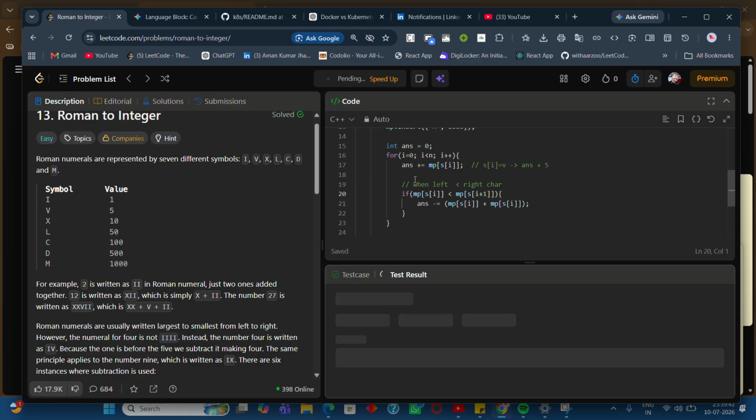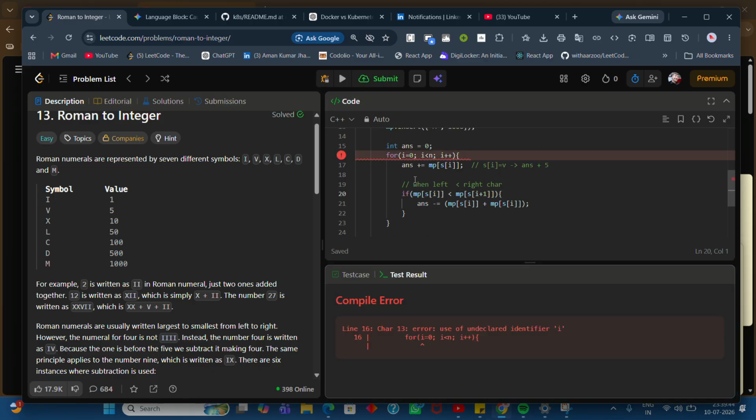And one more thing we forgot: we are doing i plus 1, so we have to write one condition that when it comes to i is equal to n minus 1, that time we cannot go for i plus 1, because it comes out of bounds, so i plus 1 must always be less than n.